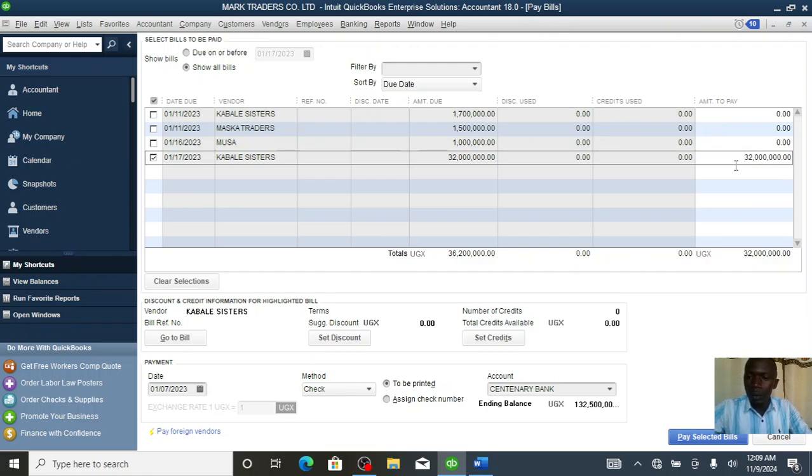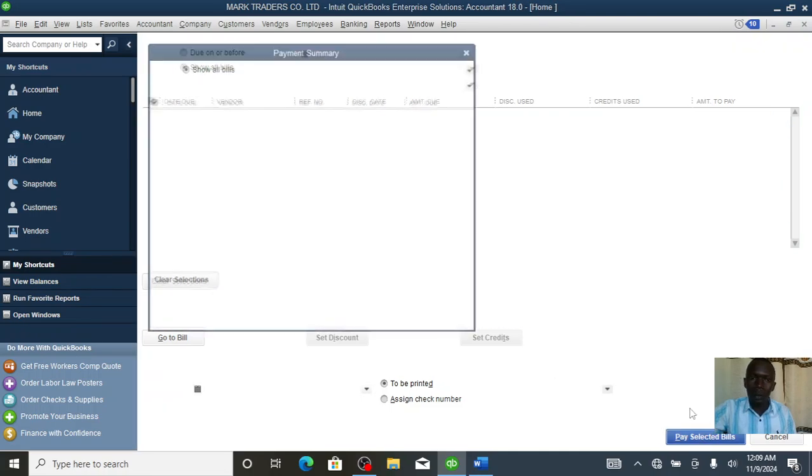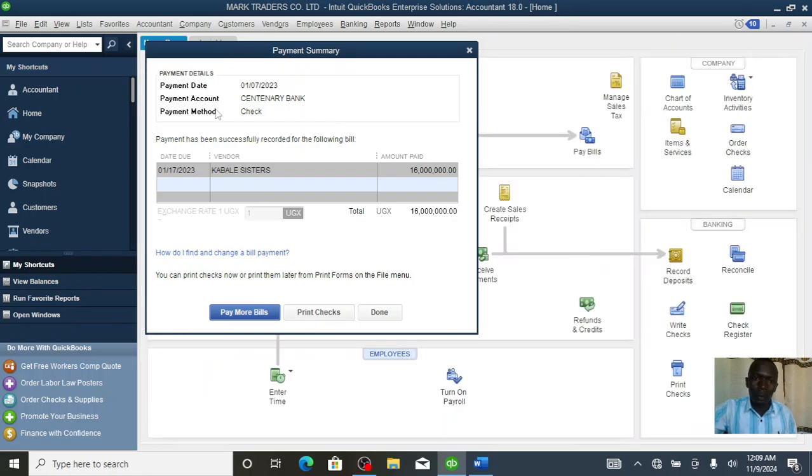We paid half of this, which is 16 million. We paid it by check, that is bank. Then here we pay selected bills. Okay. And we are done.